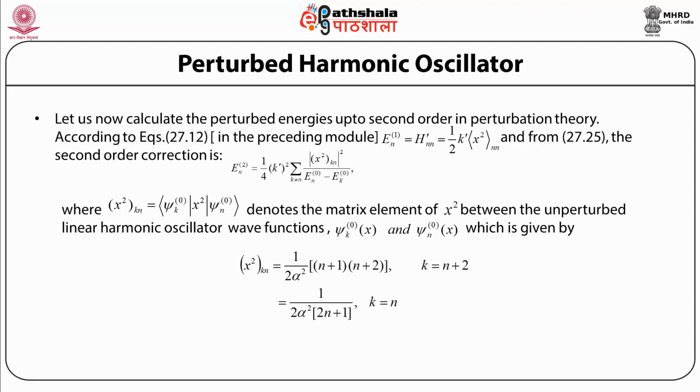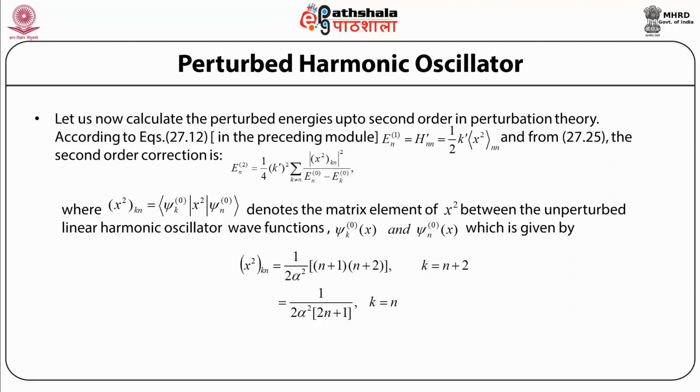According to equation 27.12 in the preceding module, En1 equals H prime nn equals half of k prime and the expectation value of x square at nn.